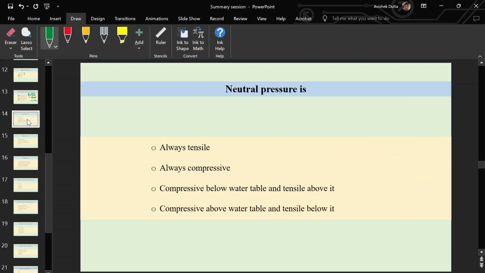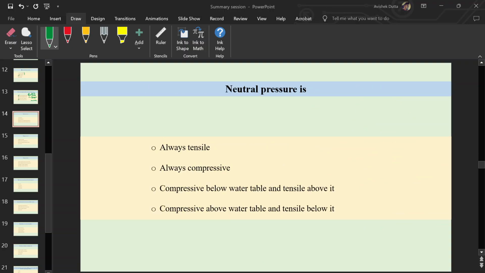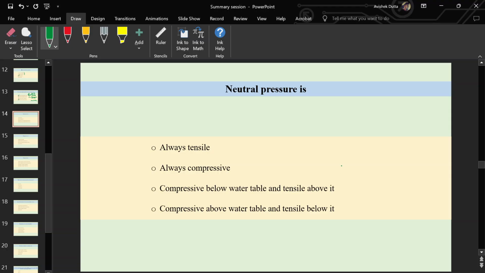Neutral pressure is: first option, always tensile; second option, always compressive; third option, compressive below water table and tensile above it; last option, compressive above water table and tensile below it. So what is the correct answer?